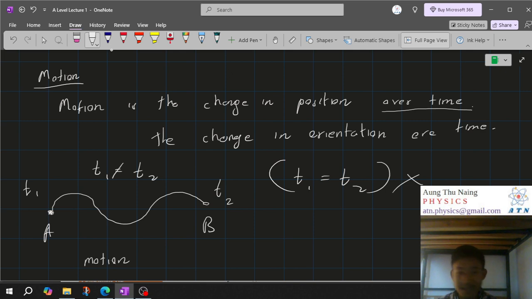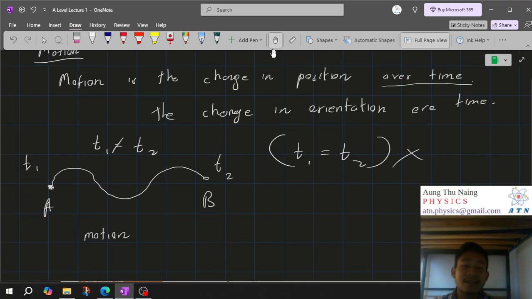The object should take time in every case, because the particle cannot exist at 2 points at the same time, right? And the change in position is motion, and the change in orientation is also motion.